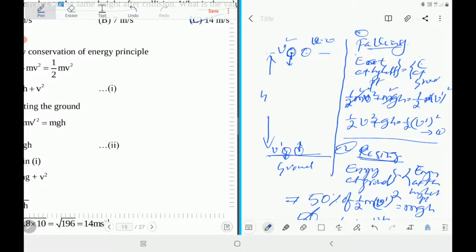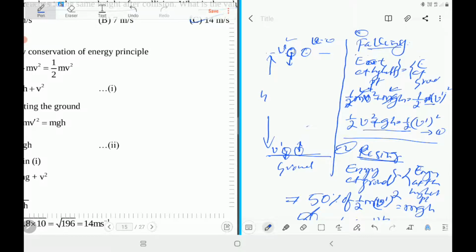For a freely falling body, we use only potential energy at the highest point, but here both kinetic and potential energy. The sum of the potential and kinetic energy at the highest point equals only kinetic energy at the lowest point while hitting the ground. While hitting the ground, with velocity v dash, half m v dash square is mgh plus half m v square at the highest point. So you can write the velocity equation like this, cancelling out mass.